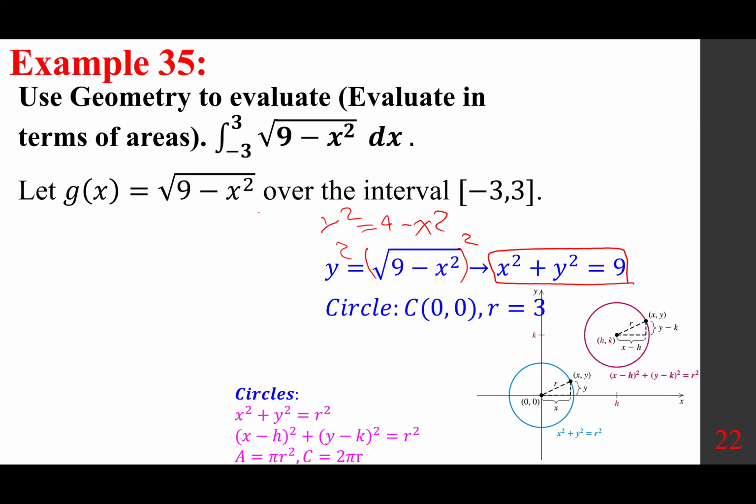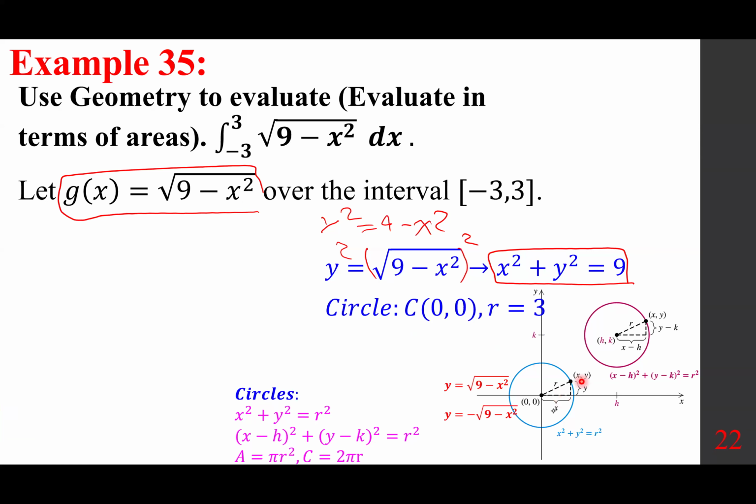However, what is this? This is a semicircle. So it's important to understand that this top portion takes this equation, y equals square root of 9 minus x squared, and the bottom takes the negative of that.